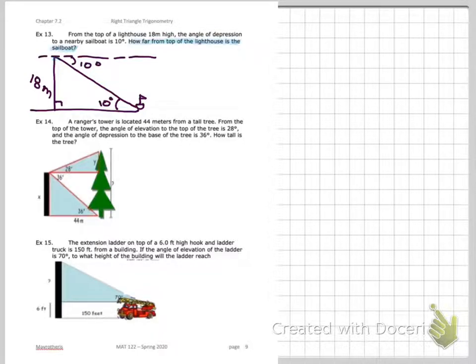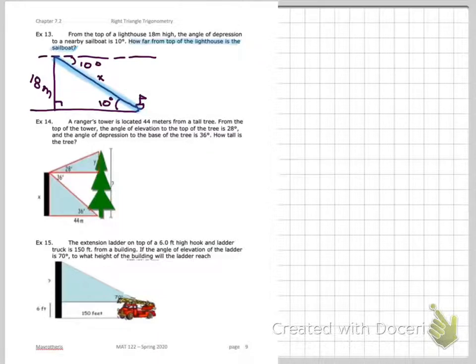So we are looking for this side. It's important that you figure out which piece you're looking for, then go back and reread the problem. Make sure that you are not misreading anything. So we are trying to find the hypotenuse.